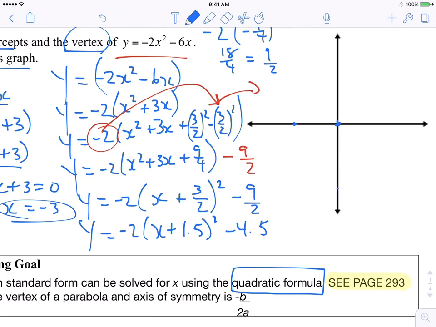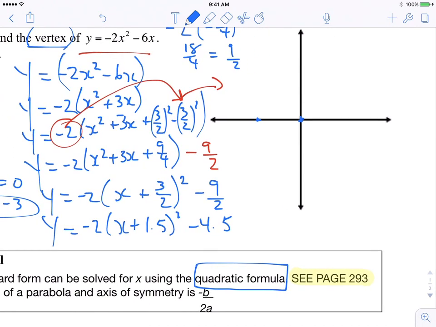So our vertex is negative 1.5, and that makes sense because we have 0 and negative 3, so in the middle would be negative 1.5, and then negative 4.5. Let's just say somewhere like that. And we're going to sketch our graph. Something like that, and there's your parabola.